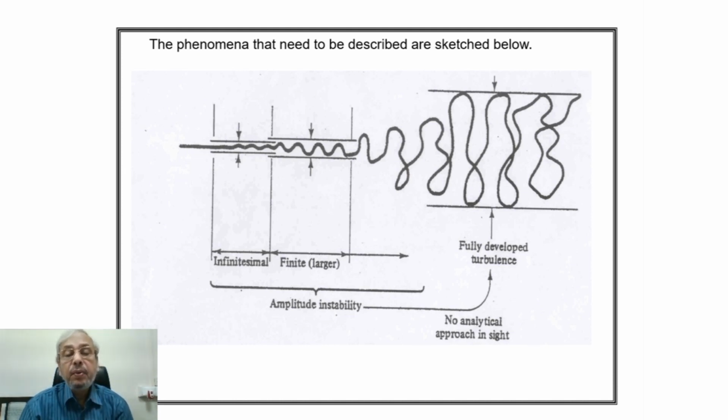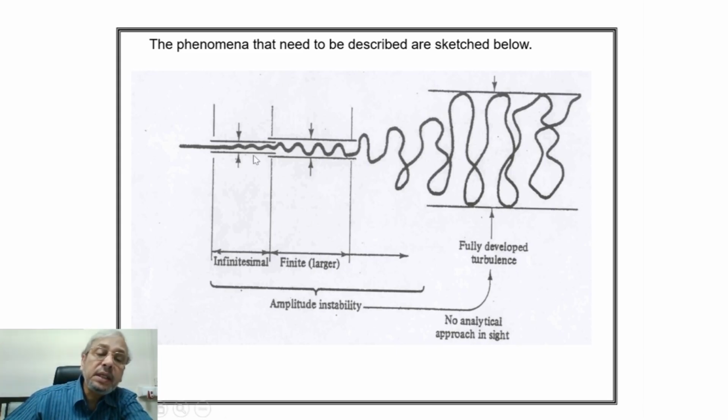In a flow field, as I have already mentioned, in some flows disturbances come from somewhere, maybe some external vibration, maybe roughness of surfaces, and then it grows.